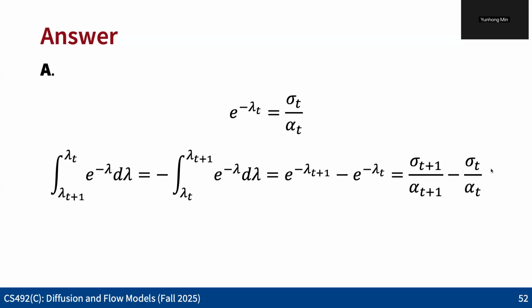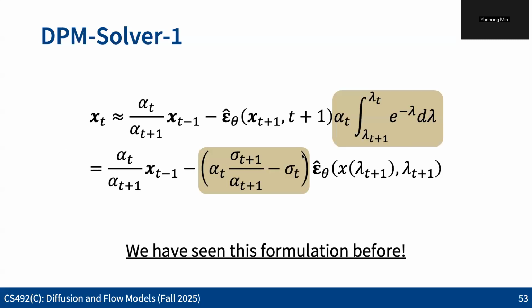Did you see this? The exponential term can be simplified this way, just a simple calculation. But based on this simple calculation, surprisingly, if you plug this formulation into this part here, then we come back to this formulation.